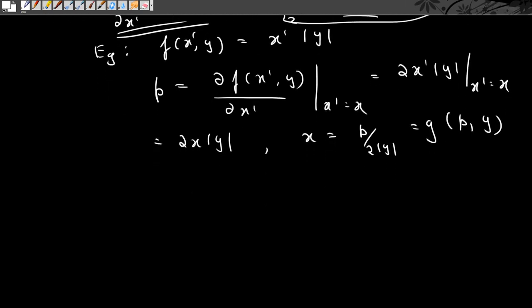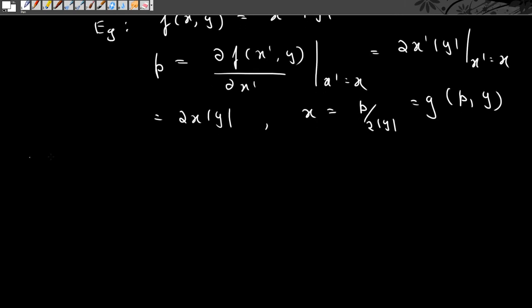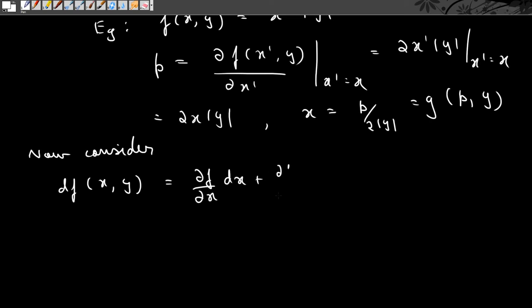Now consider the differential d f. Since f depends on x and y, this will be written as dou f by dou x d x plus dou f by dou y d y. These two terms say that this particular function depends on x and y.